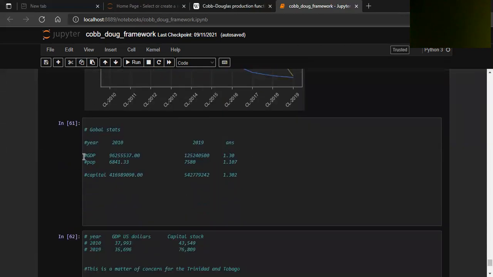So I did a simple little calculation here, and I was looking at the GDP 2010 to 2019, and it had a growth of 30%. Then I was looking at the population, and it had a growth of 10%. And then I was looking at the capital, and it had a growth of also 30%. So what that means here is that the capital has been growing a little too fast, right? That's what causes a slight decline over time because of the increasing capital, right?